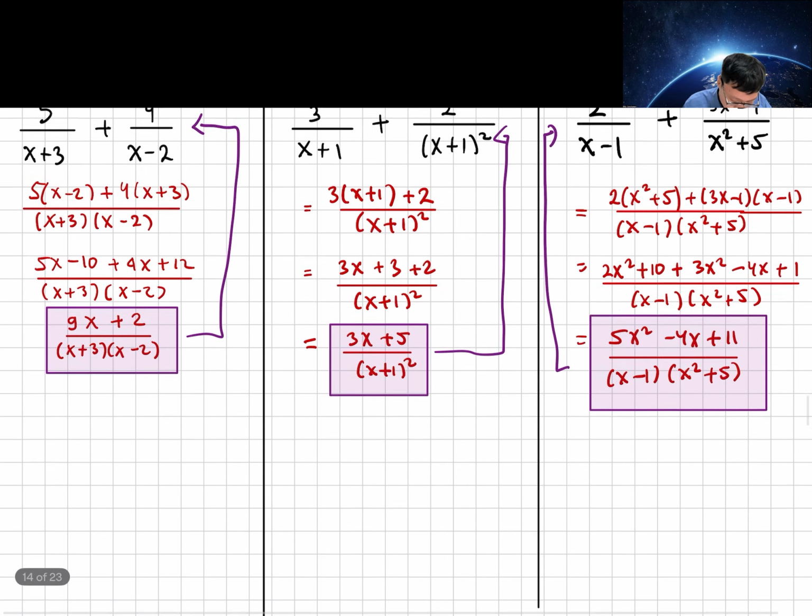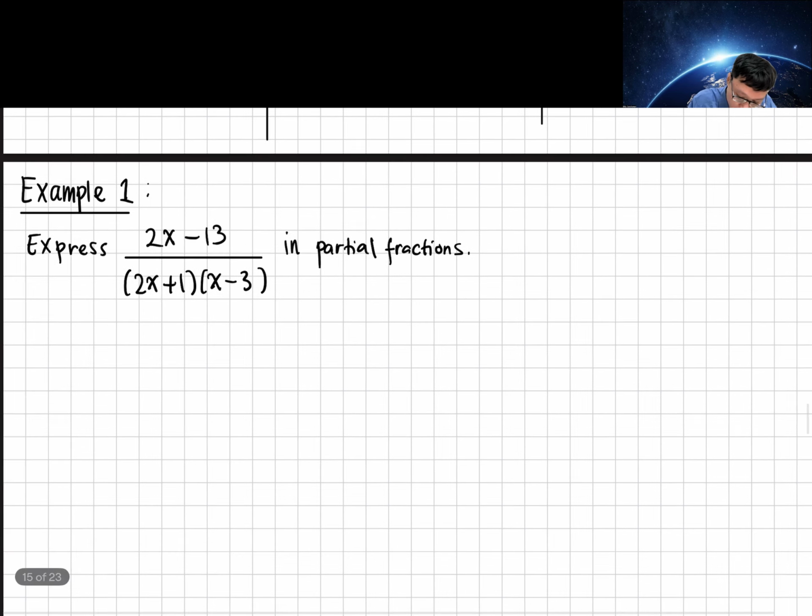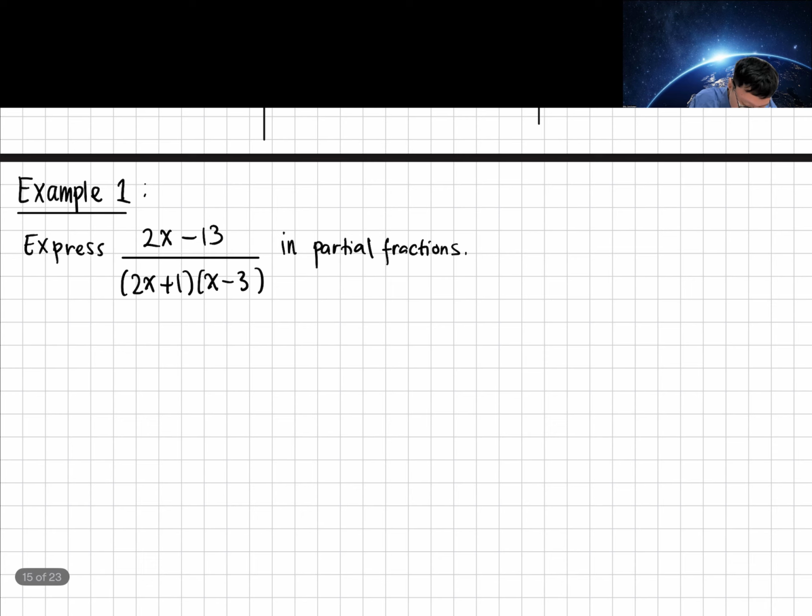The first example: express (2x minus 13) divided by (2x plus 1)(x minus 3) in partial fractions. I want to split it into its partial fractions.